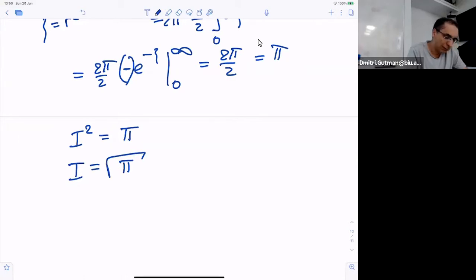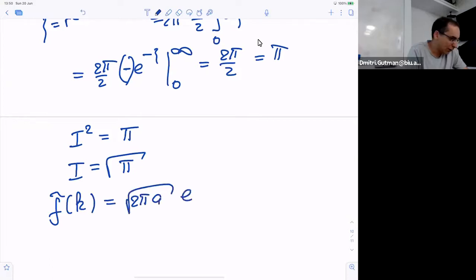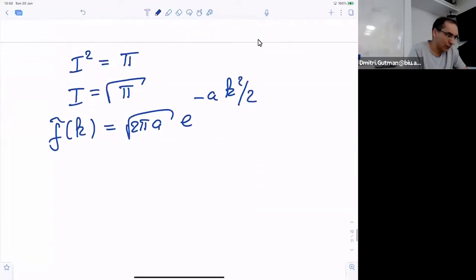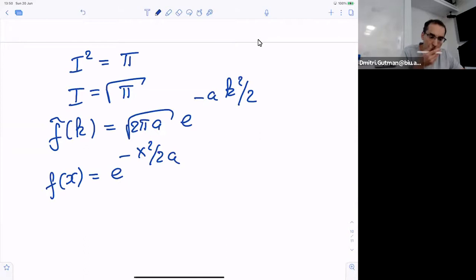And therefore, the Fourier transform we have computed is equal to 2 pi a square root, e to the minus a k squared over 2. So we started with a function f of x, which was e to the power minus x squared over 2a, which was one Gaussian.